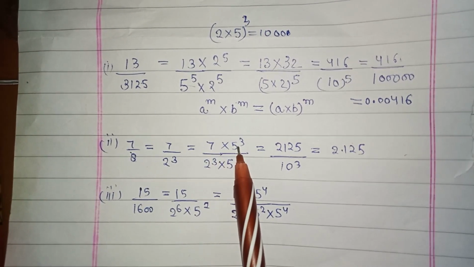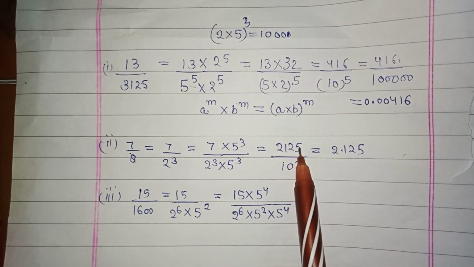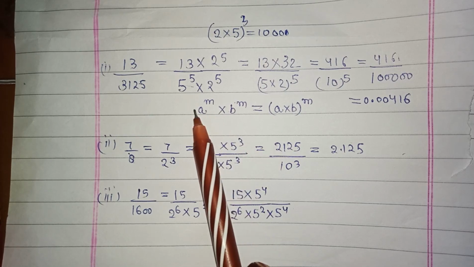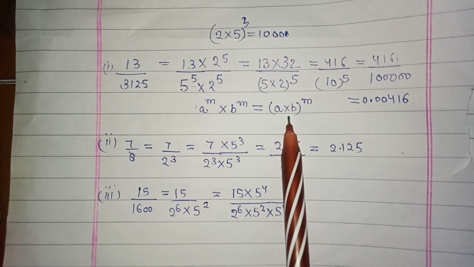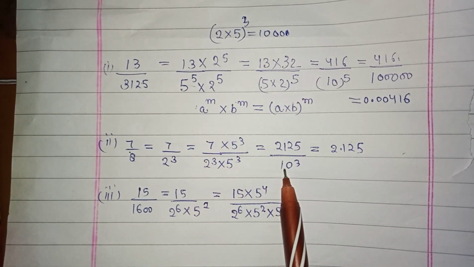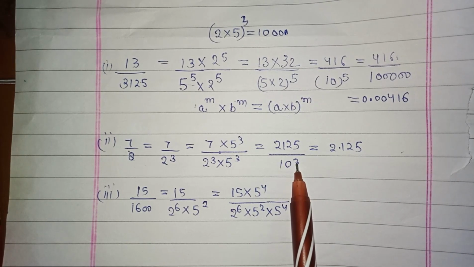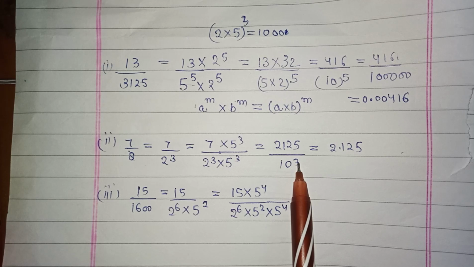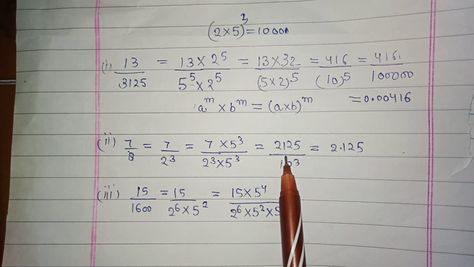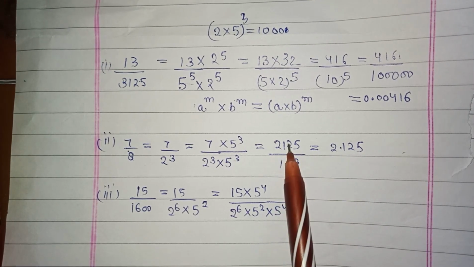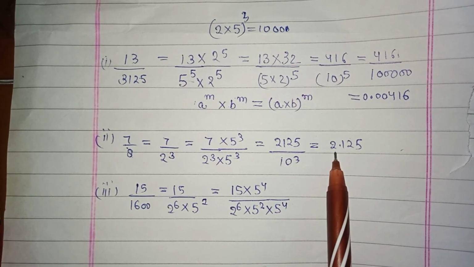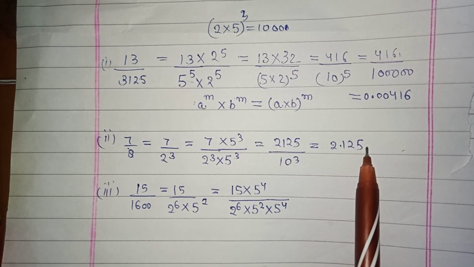On solving this, I will get 875 in the numerator, and in the denominator again I will follow this rule of surds and indices, and 2 into 5 will become 10 raised to the power 3, which is equal to 1000. So I will shift my decimal point by 3 digits to its left side. Now 1 digit, 2 digit and 3 digit. So I get the answer as 0.875.